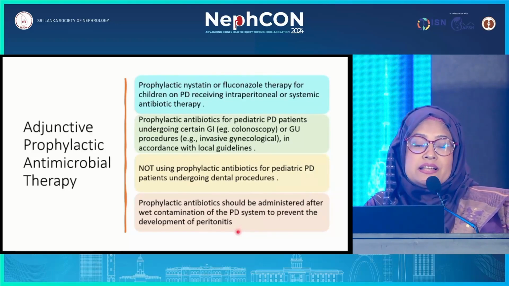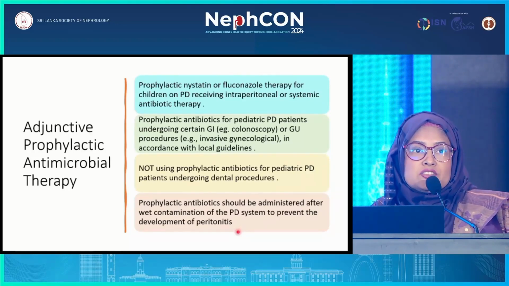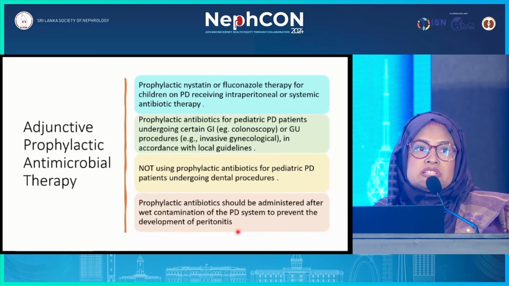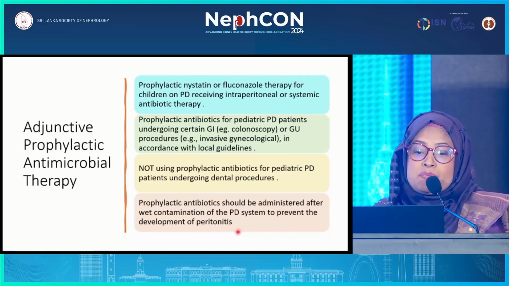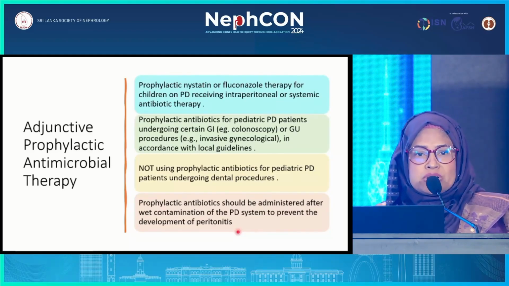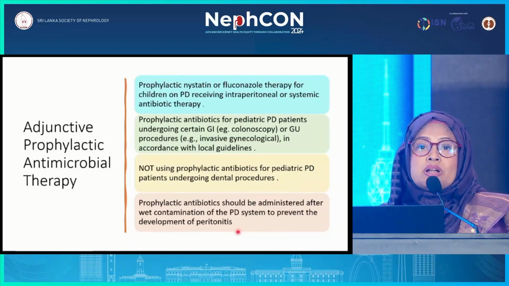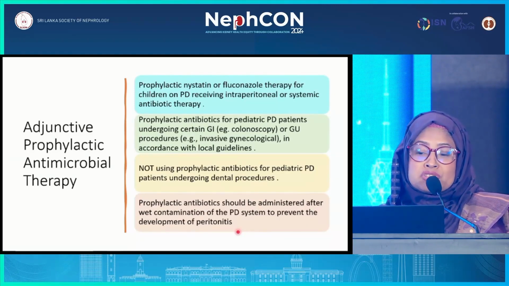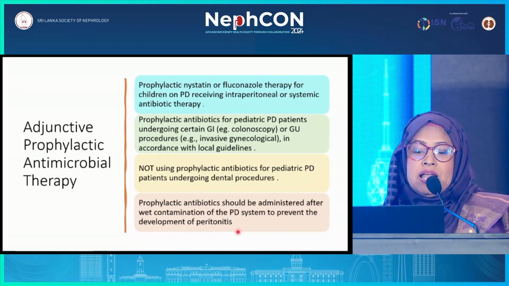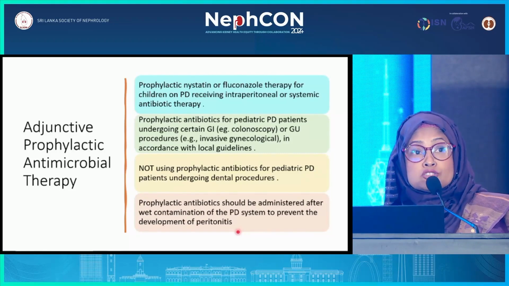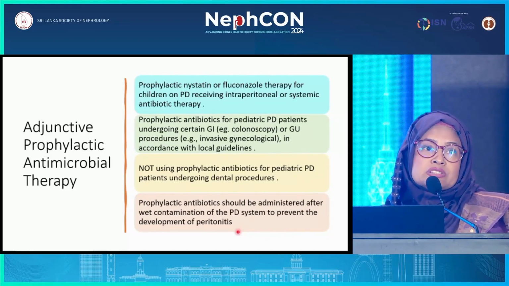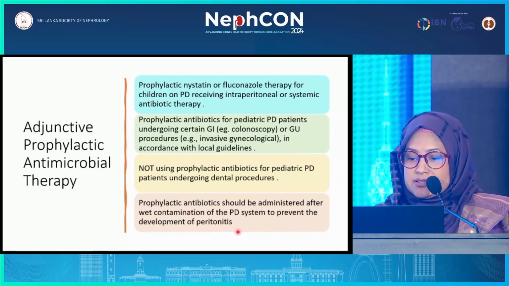Recent guidelines add prophylactic nystatin or fluconazole therapy for children on PD receiving intraperitoneal or systemic antibiotic therapy. And prophylactic antibiotics should be given to pediatric PD patients undergoing invasive procedures, except dental procedures. And prophylactic antibiotics should also be given if there is wet contamination of the PD system, to prevent future peritonitis.